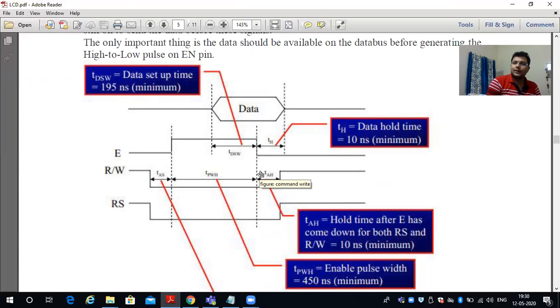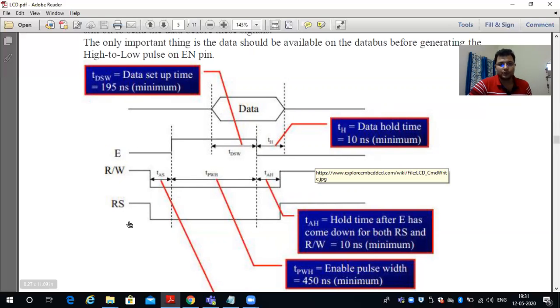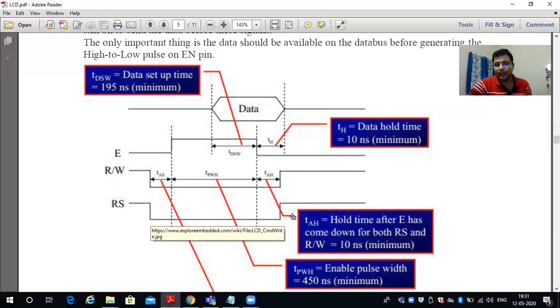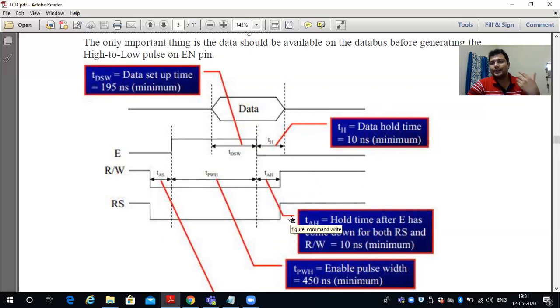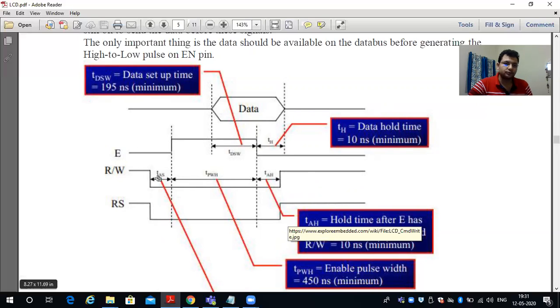So here this timing diagram is for displaying the data. In this situation, what should be the RS? Because it is data, RS should be 0. So this is the RS signal, and from the start until the end, it should be 0. Because the RS signal allows the LCD display to interpret that whatever is there over the data line is data that needs to be displayed.